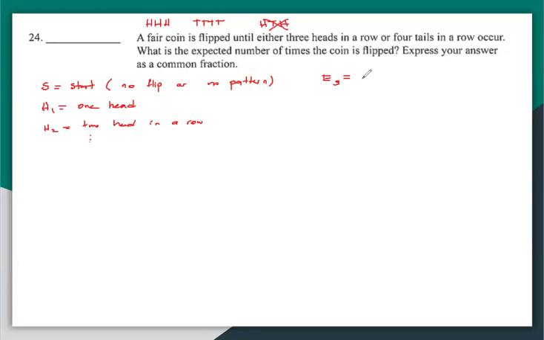Because if you are in a state already, that means you have 1 flip done, so the expected value of that state will be 1 plus the expected value of the next state. I hope that is clear.